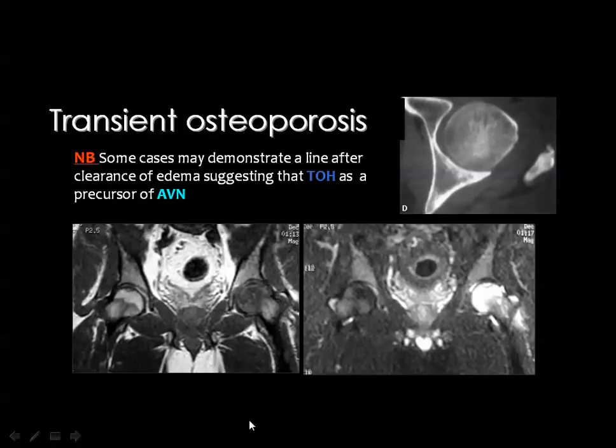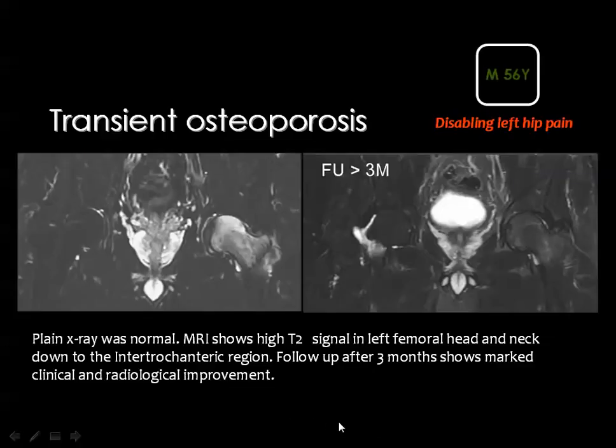Migratory osteoporosis may demonstrate a line after clearance of the edema. Whenever this edema has resolved, there may be a line which can be seen in the femoral head, suggesting the possibility that the transient osteoporosis may precede the development of avascular necrosis and is considered a precursor or an early stage which may be reversible and may progress to the development of the full-blown picture of avascular necrosis.